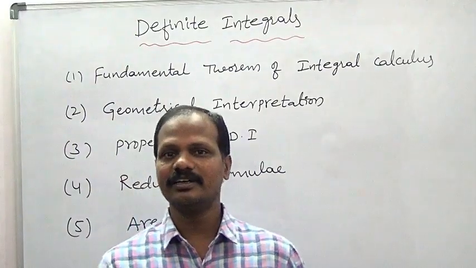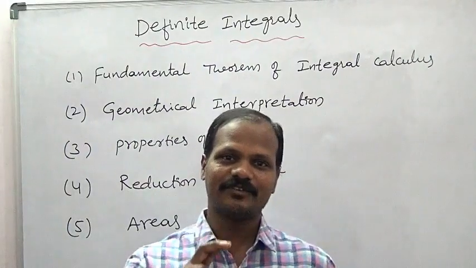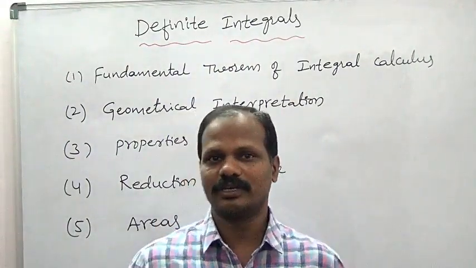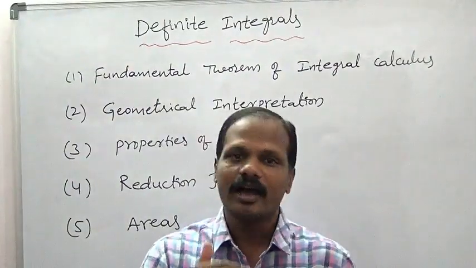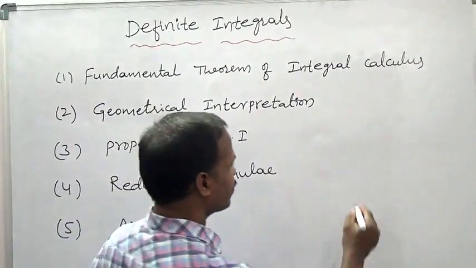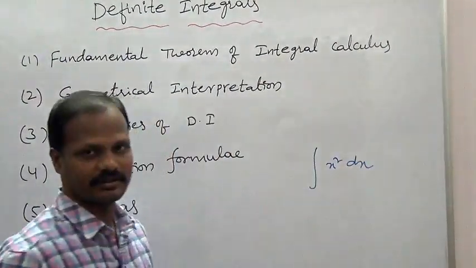So indefinite, definite. Here the integration is defined within particular bounds, that is, you have lower and upper bounds. In indefinite integration, we just write integral x square dx, find integral x square dx.